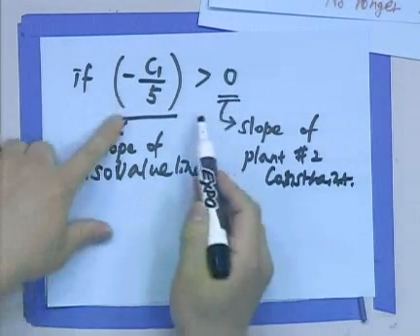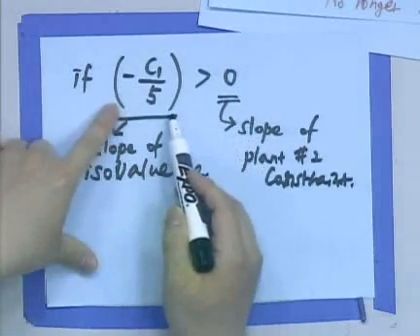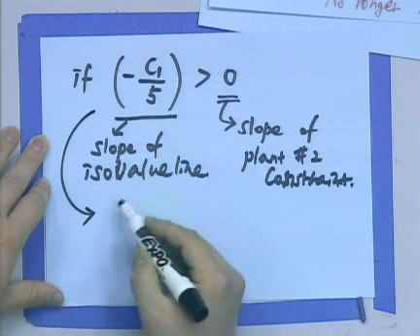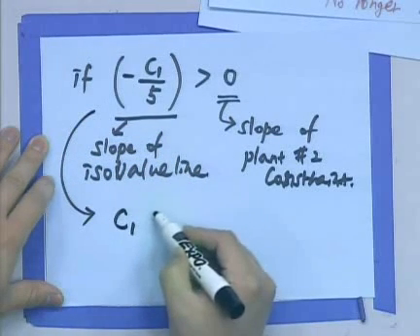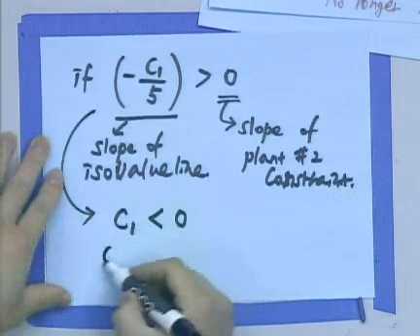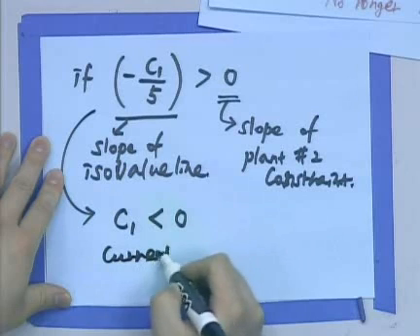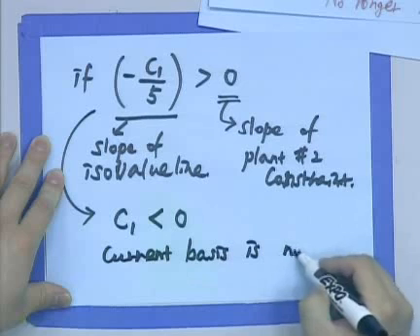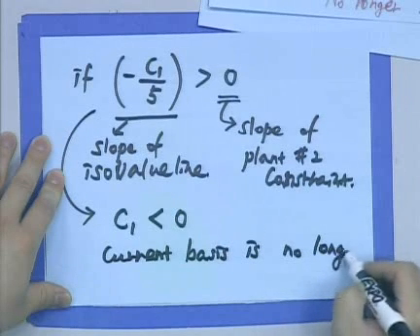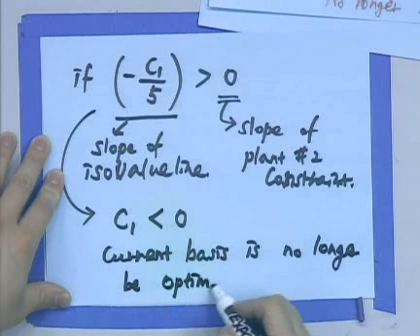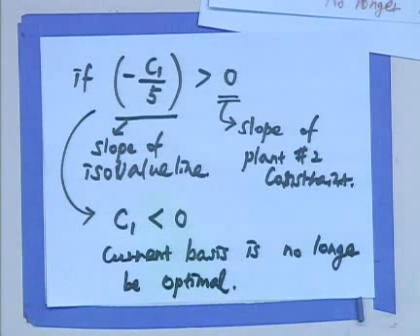If this condition is satisfied, which means if C1 is less than 0, then the current basis will no longer be optimal. The point C becomes a new optimal point, right?